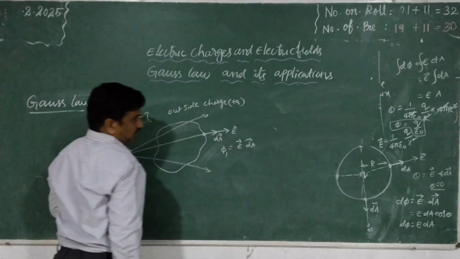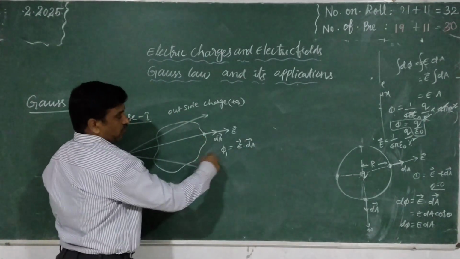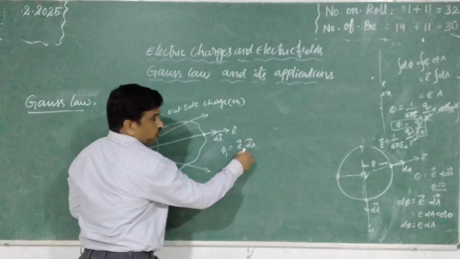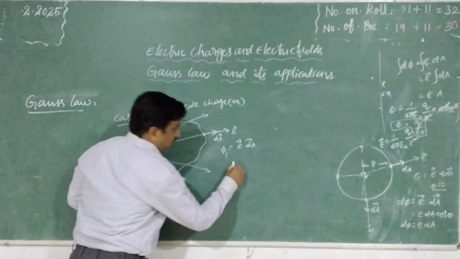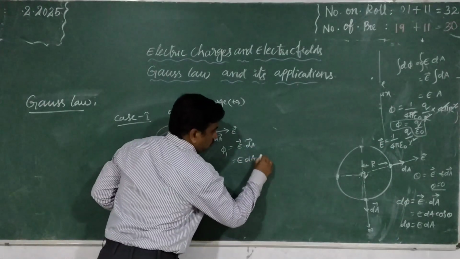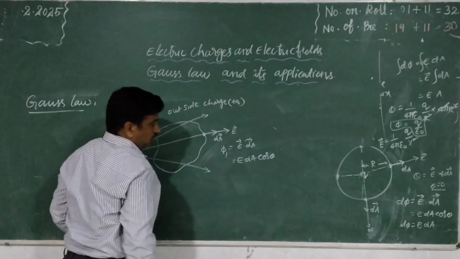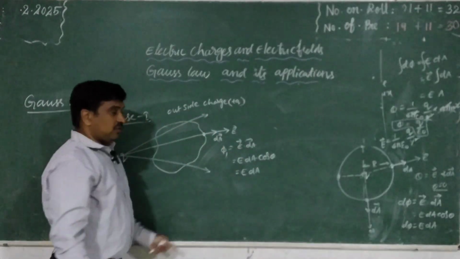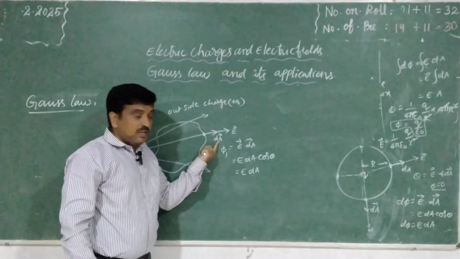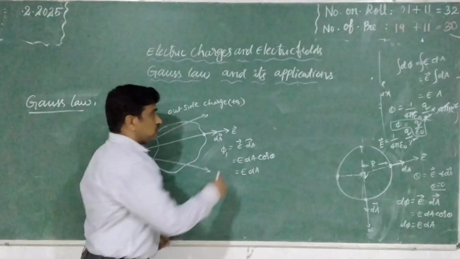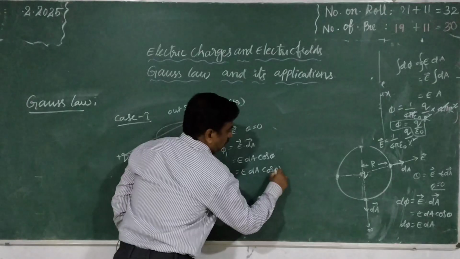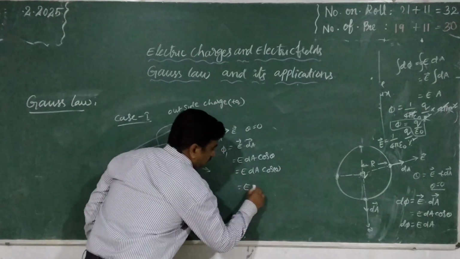We select a small area dA, so E dA cos theta, where theta is the angle between the electric field vector and the area vector. What is the angle here? Theta equals 0, so cos 0 means 1. So we get E dA.